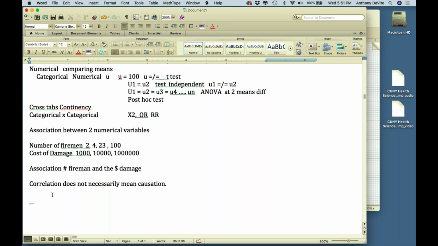Okay, however, because we can work with these numbers, we can take a look at whether this association is mathematically due to chance, or if it looks like statistically there really is an association. So for instance, for a null hypothesis, we might say there's no association between the number of firemen and the amount of dollar damage.